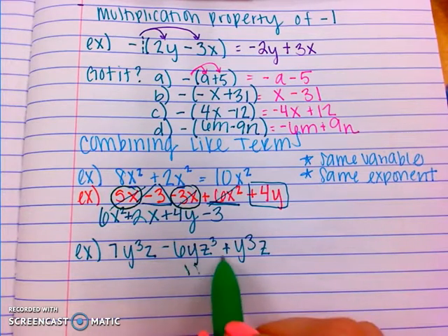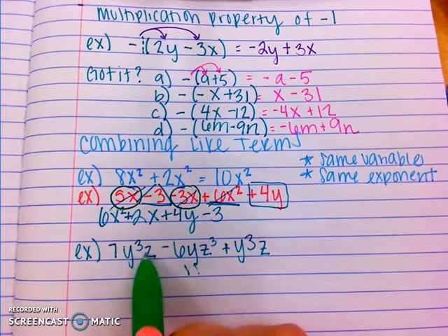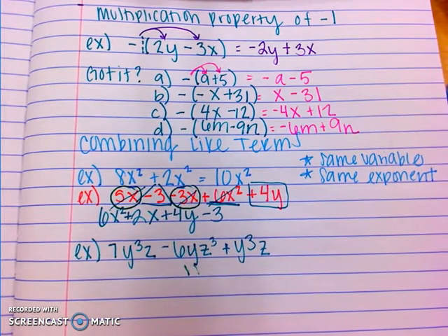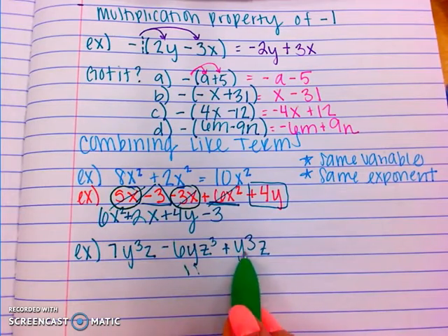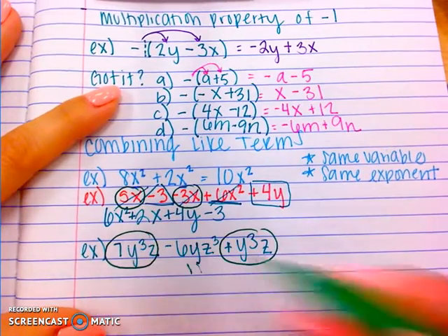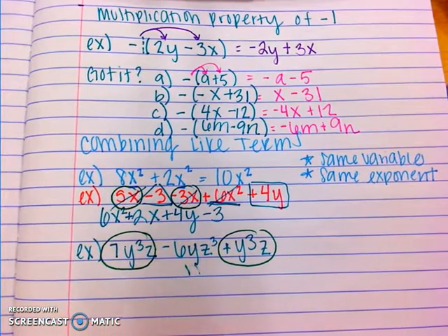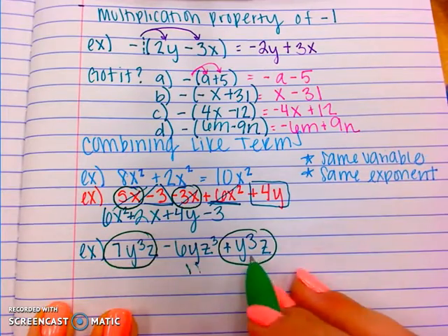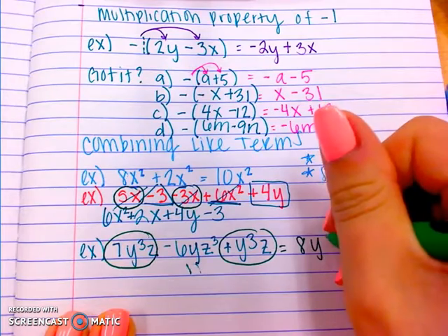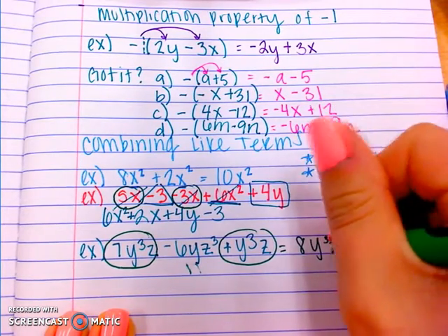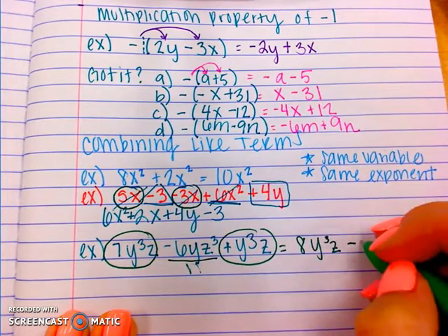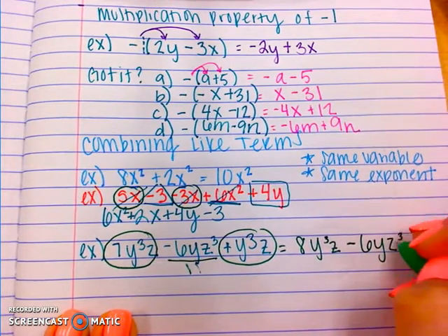This is y z cubed. Those are not the same. It doesn't matter that there's the exponents of 3. This 3 goes with y. This 3 goes with z. So it can't work. But this is also a y cubed z. So that's a like term with this. Okay? So then I have 7 here and 1 here. So I have 8y cubed z. And then the only thing left I just need to bring over is a negative, don't forget the sign, 6yz cubed.